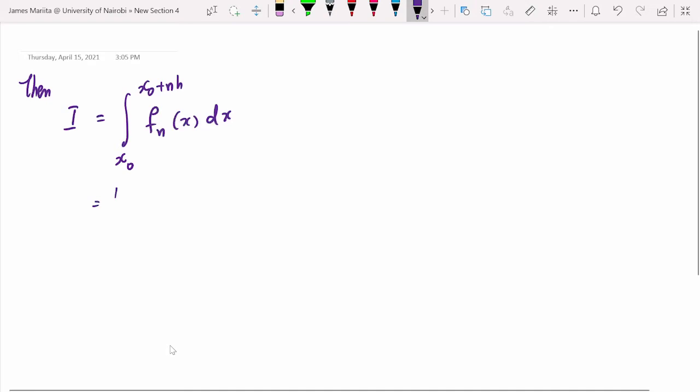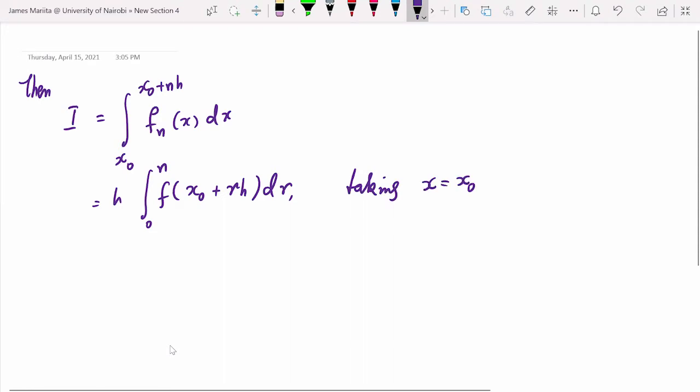So we can have this as h times the integral from 0 to n of f(x0 plus rh) dr. This is if we take x to be equal to x0 plus rh.